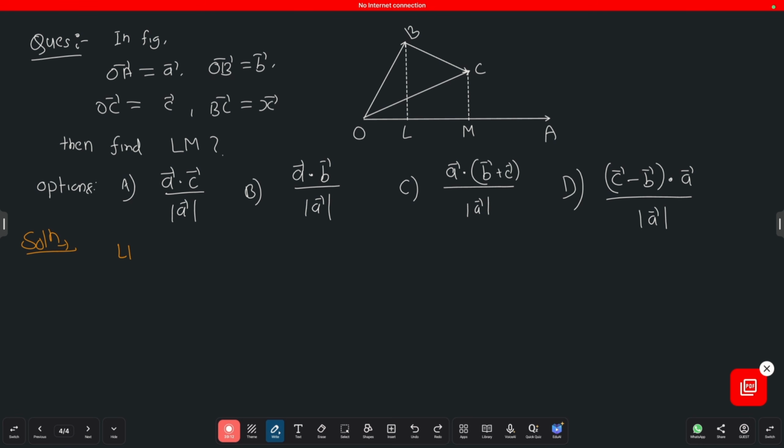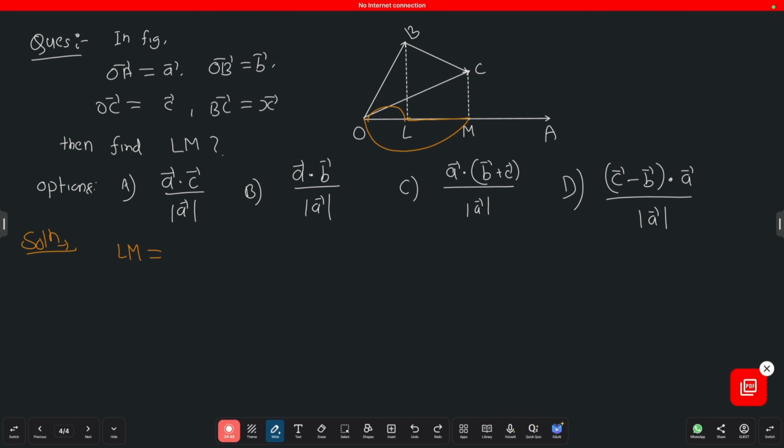You need LM, students. What is the LM length? LM means from this to this, correct? This is your LM. Question noted. Now look here. Explanation. Stop writing. You want LM, and how to get LM? If you know OM and OL, from O to M and O to L, then if you delete OL from OM, you will get LM exactly.